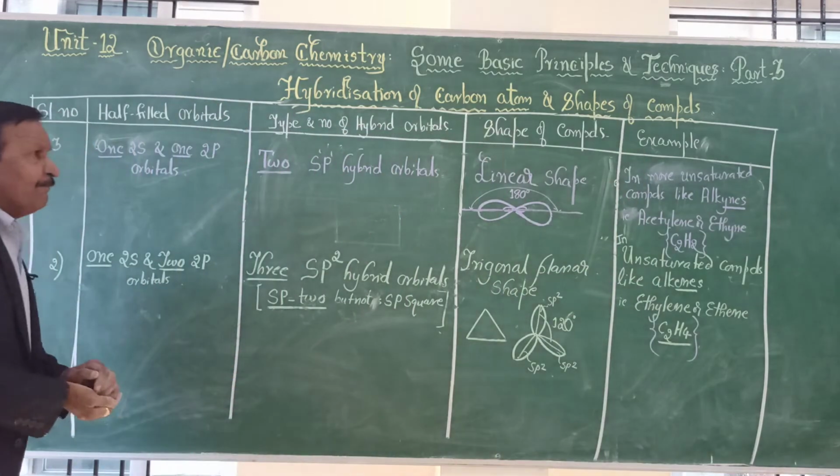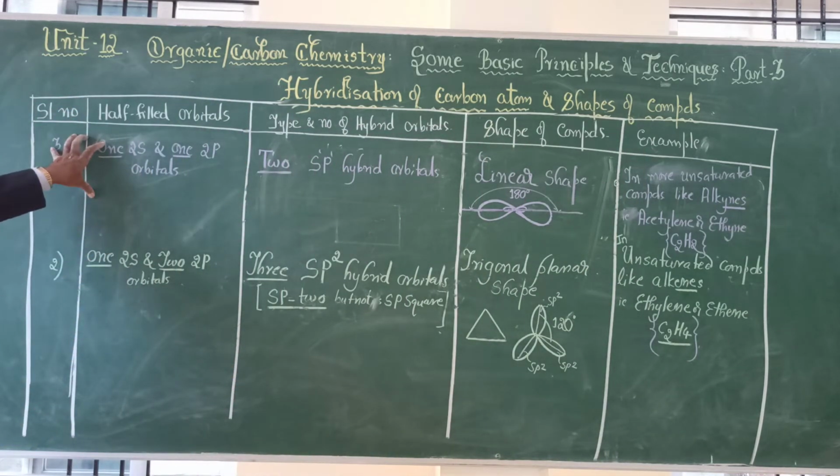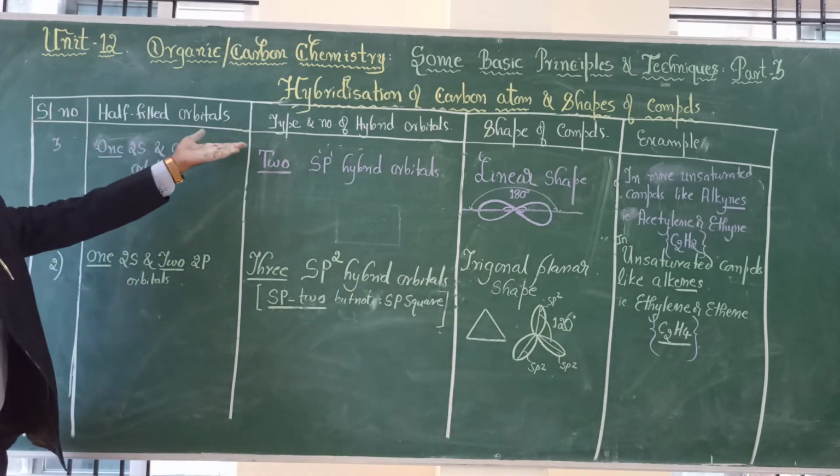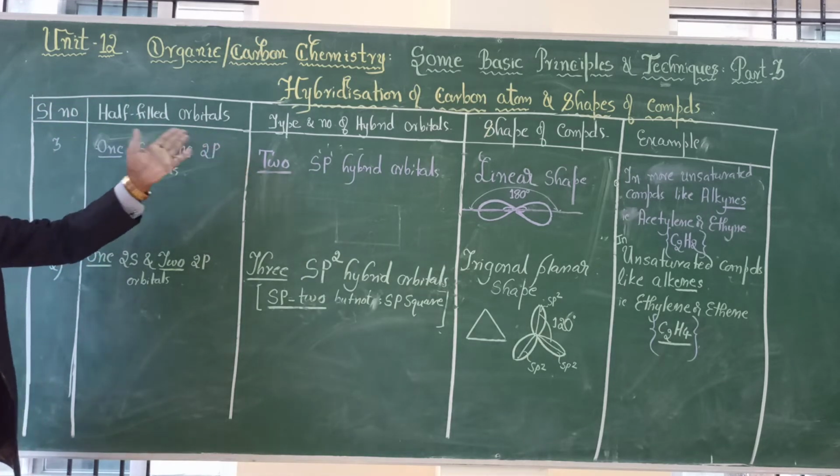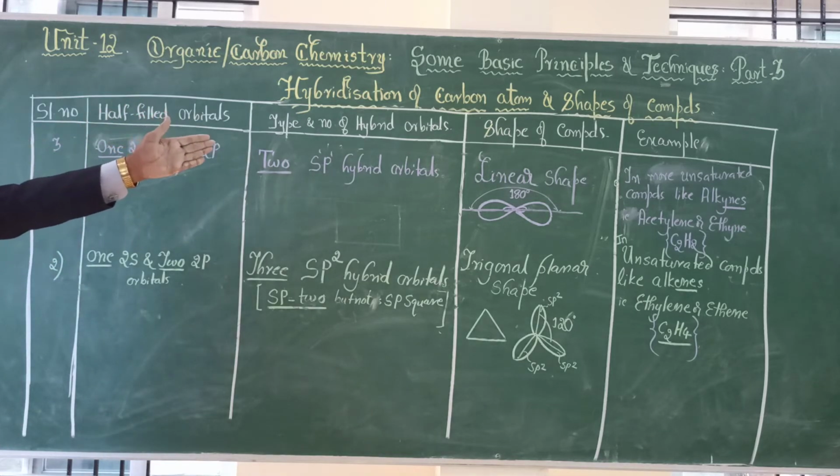So a carbon atom in an organic compound can give you 3 types of hybridization. One is sp3: one s orbital mixes with all the 3 2p orbitals, and we get 4 sp3 hybrid orbitals.